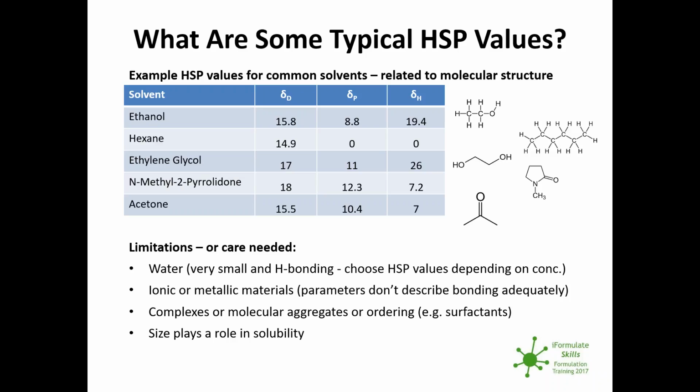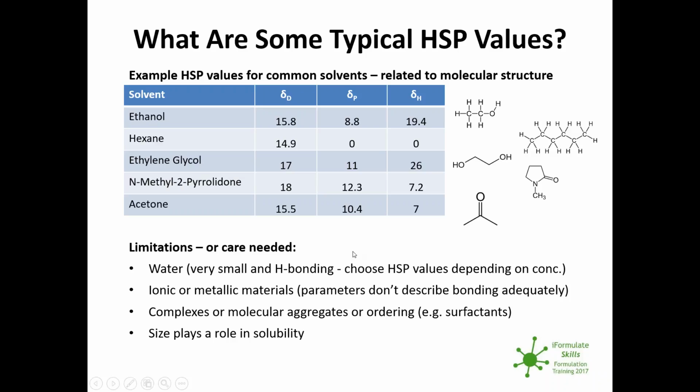It only has acceptor groups, so that the hydrogen bonding number, the dH value, is modest. And the same is the case for acetone. There's a dipole and a modest amount of hydrogen bonding. So that's rationalizing, if you like, the numbers that can be obtained by measuring HSP values, and then rationalizing those in terms of the molecular structure.